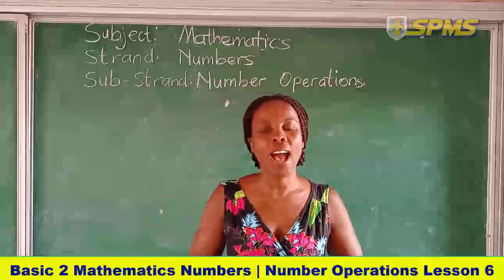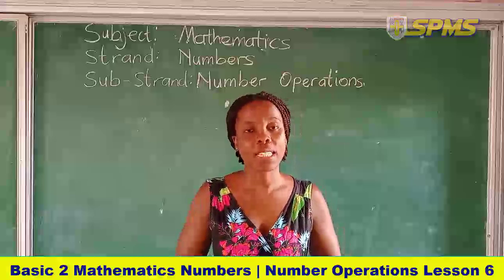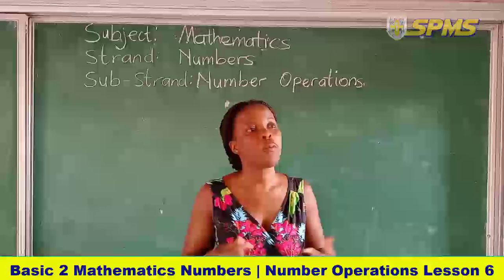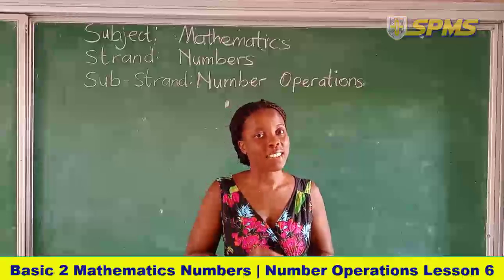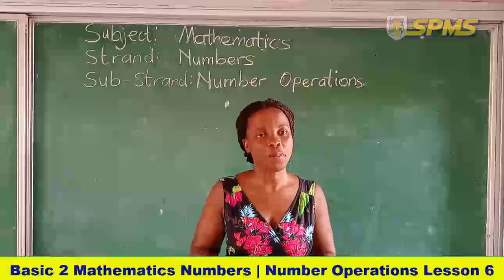Today is going to be our 6th lesson in mathematics, and we are still on numbers. On numbers, we are doing number operations. Today, by the end of the lesson, you should be able to add 2-digit numbers in tens and in ones, vertically or in a horizontal form.